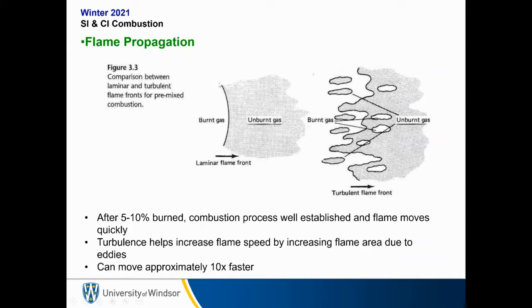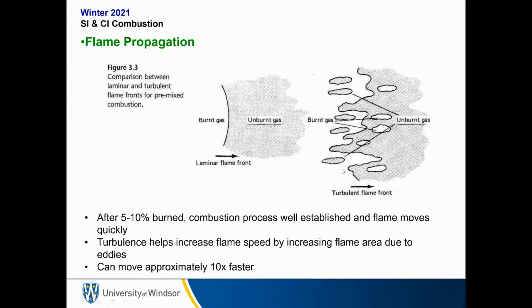If we look at a laminar flame, it can only move based on the area between the burnt gas and the unburnt gas, and we have a smooth circular front. With a turbulent flame, we have all these wrinkles, and these wrinkles add additional area for combustion to occur. That makes turbulent flames move much faster than laminar flames. Again, this will be covered more in the internal combustion engine course.